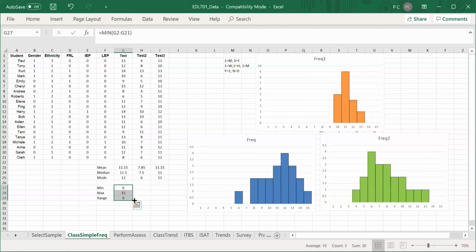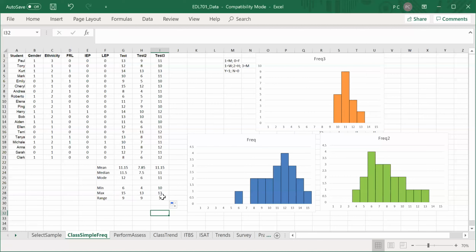Once I have those, I can fill them over for the other two tests. You can see that test 2 has the same range as the first test, but the minimum and the maximum are different because the mean is different. My third test has a smaller range, which also matches the frequency distribution here.